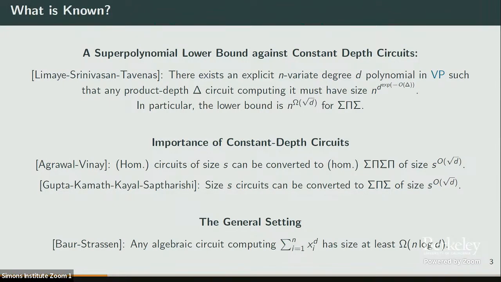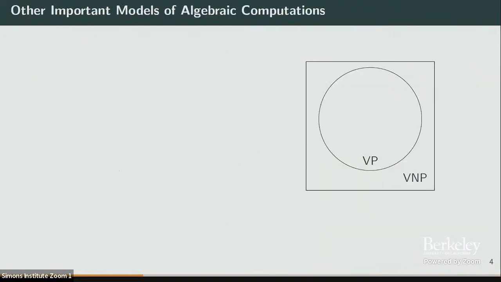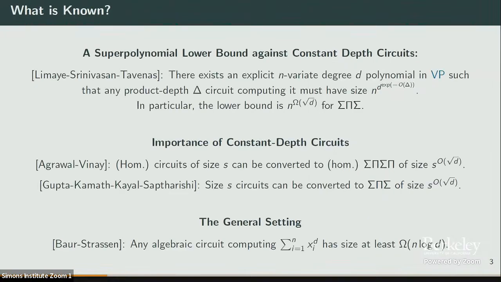It's just n log d, due to a very old result of Baur and Strassen. So we know the best possible thing for constant depth circuits. In the general setting, it's not that good.